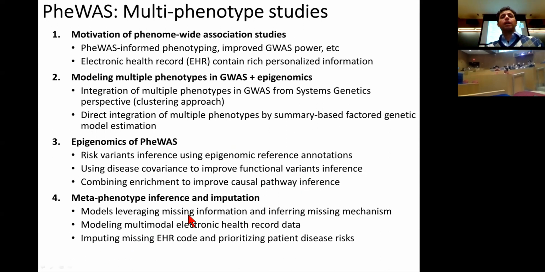And then lastly, how we can model these electronic health records by specifically looking at meta-phenotypes, basically these higher order terms that can combine information from multiple individual data modalities, such as clinical notes, lab tests, prescriptions, ICD-9 billing codes, and so on and so forth, and how we can in fact use that to impute missing data and to also prioritize patient disease risk.